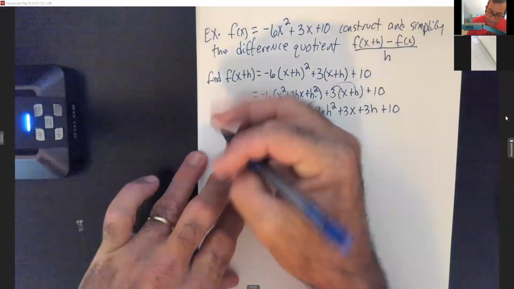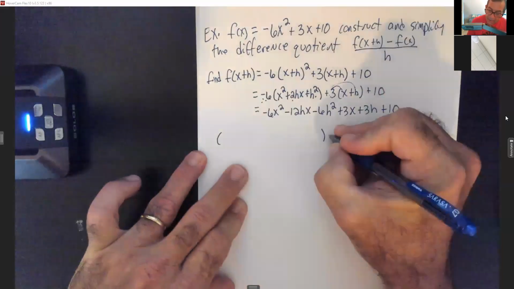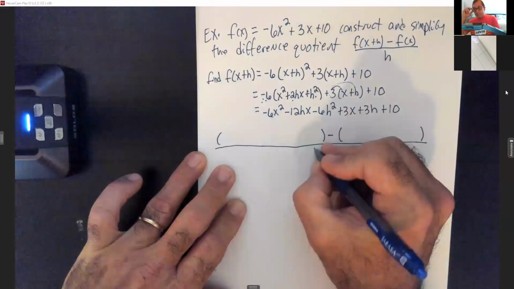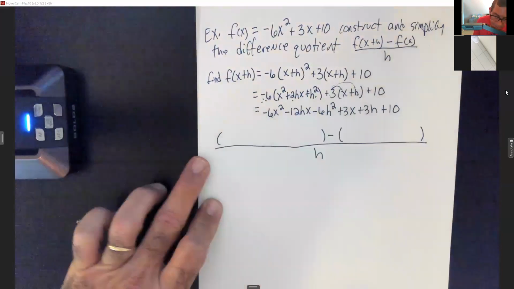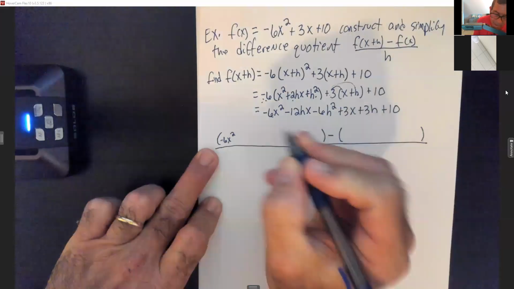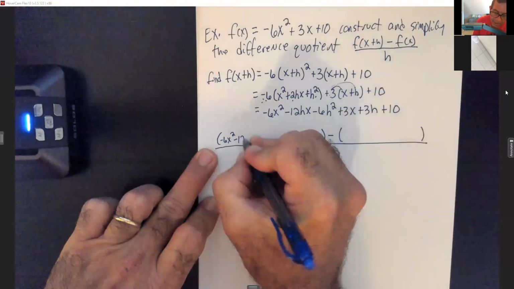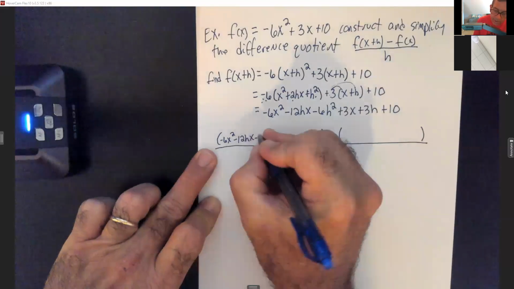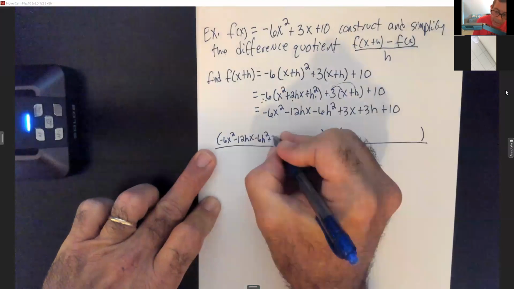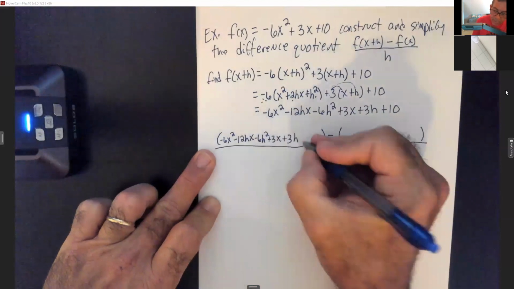So we'll take that minus the f of x. All of that will be over h. All right, so let me fit all this in here. Negative 6x squared minus 12hx minus 6h squared plus 3x plus 3h plus 10.